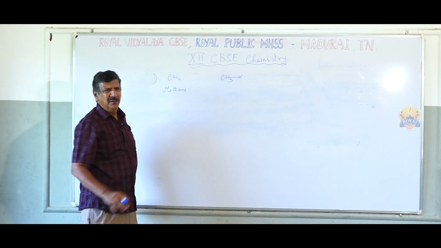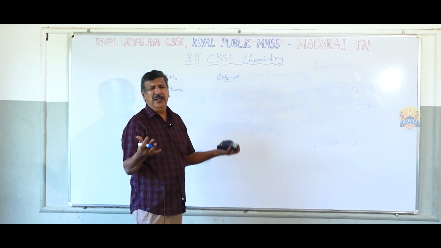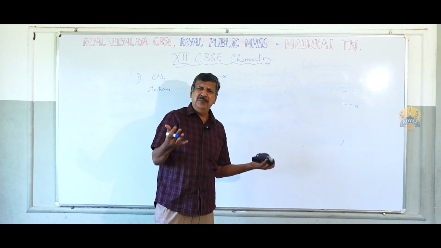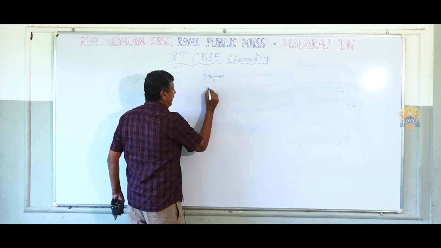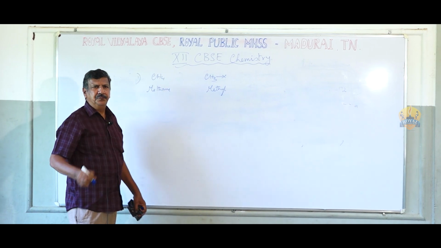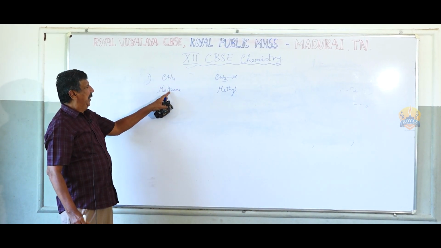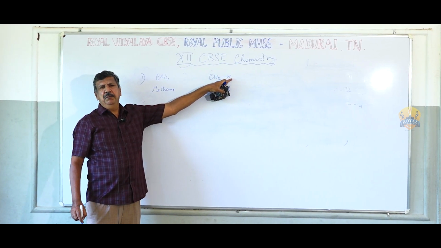Any group, and this is written X. It can be alcohol, iodide, or bromide, anything. But the name changes to methyl. So methane, when you remove one hydrogen, is called methyl.